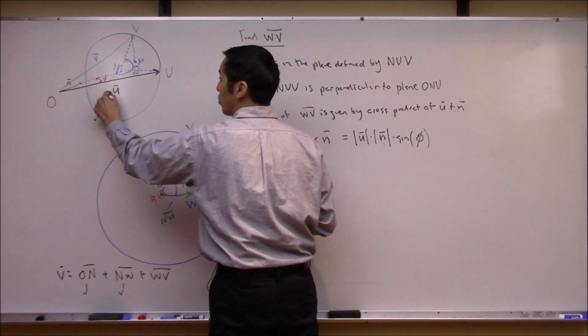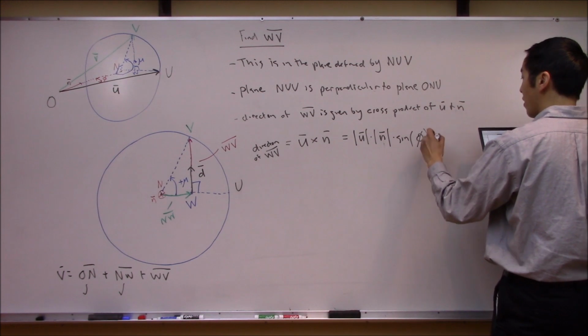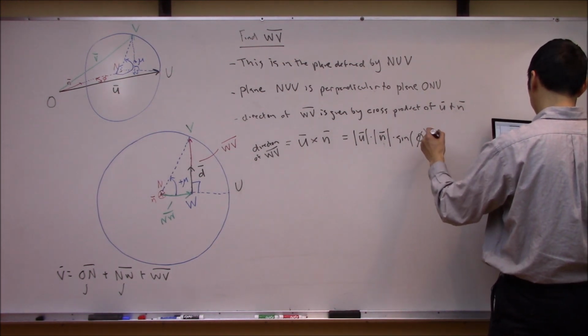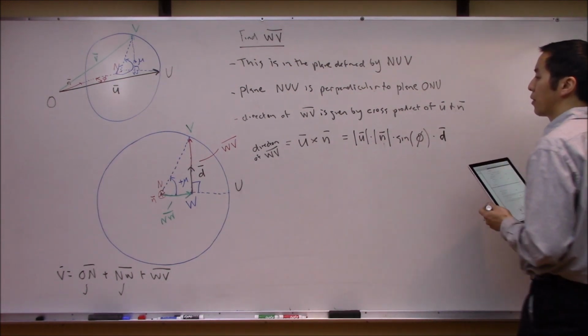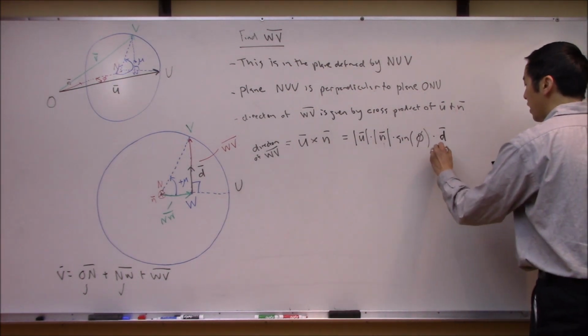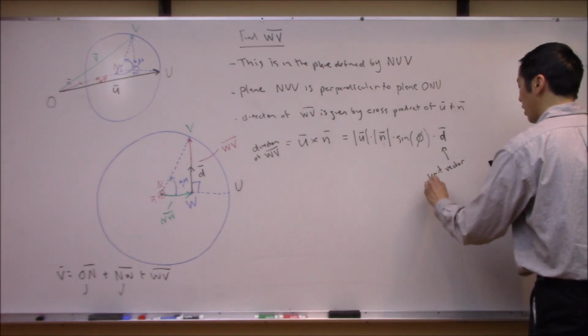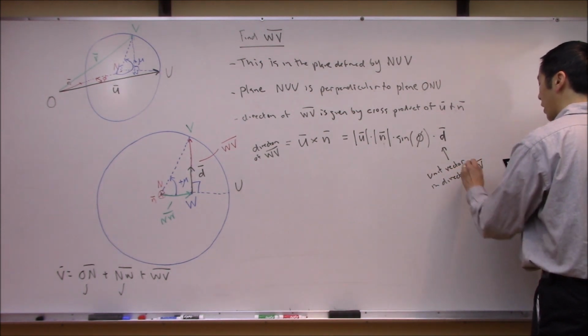So great, and then we have to give this thing a direction. Let's call this direction a unit vector D. So D here is the unit vector in the direction of WV that we want.